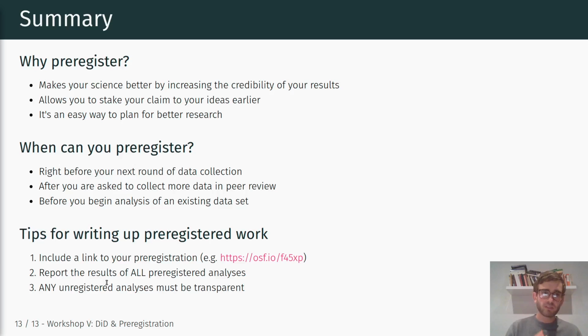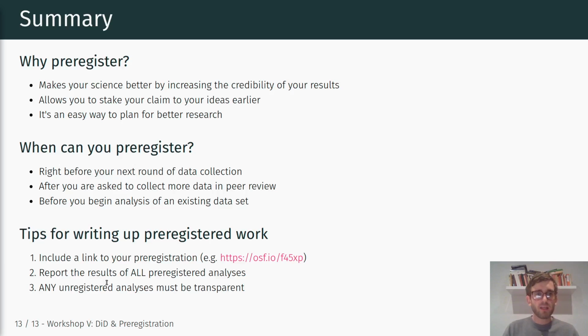You should always report the results of all pre-registered analysis. So as soon as an analysis is part of your pre-registration, you have to include that analysis in your manuscript. Otherwise, that invalidates ultimately the idea behind pre-registering your hypotheses.